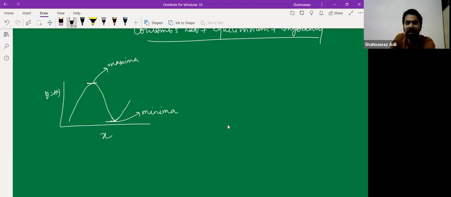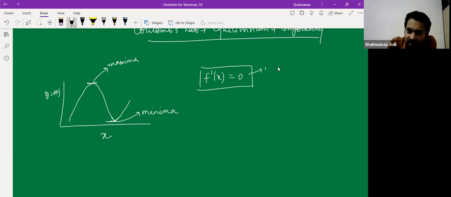And what is the mathematical expression for maxima and minima? If we take f dash x equals to 0, that will tell about the maxima and minima. So let's say this is x1 and this is x2. You can calculate x1 and x2 by putting the first derivative equals to 0.